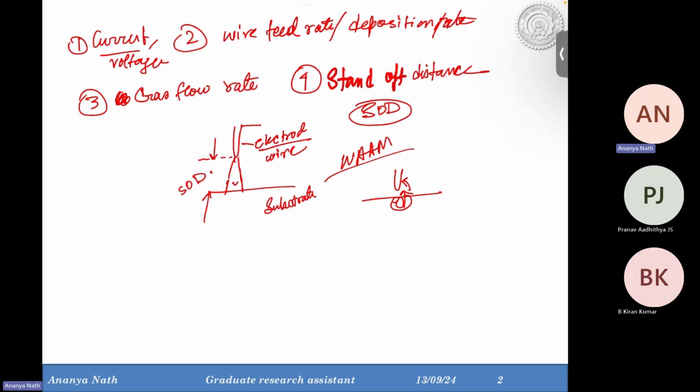If the stand-off distance is very high, with the electrode here and the substrate here, then first of all the arc may not get established, because the circuit is not getting completed between the plus and minus.